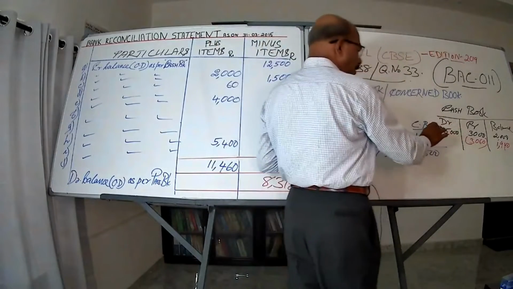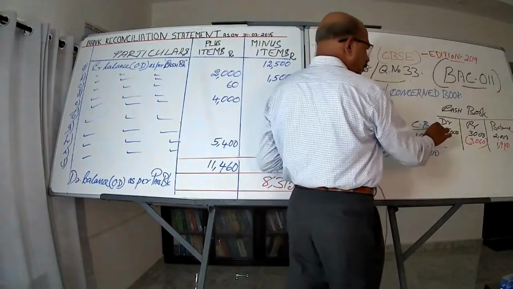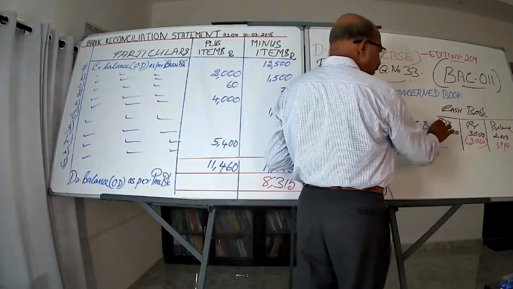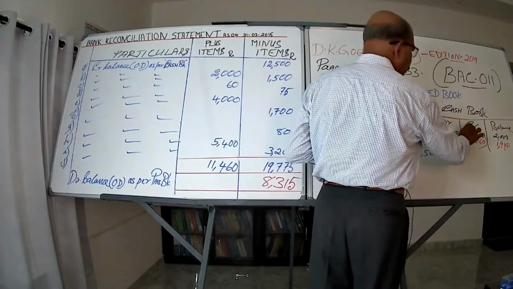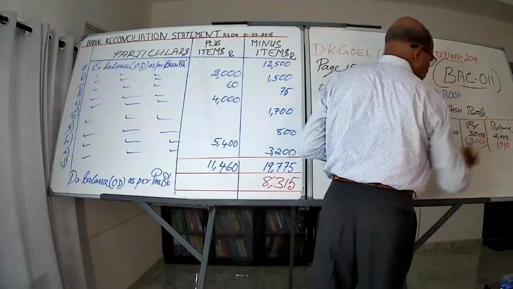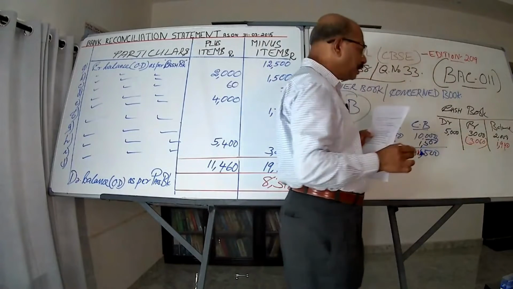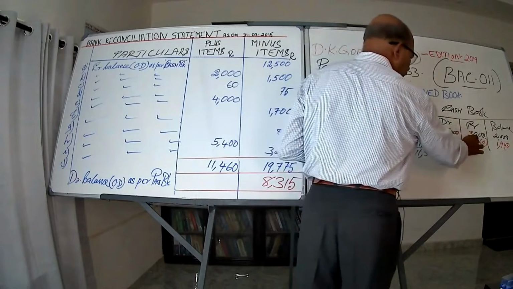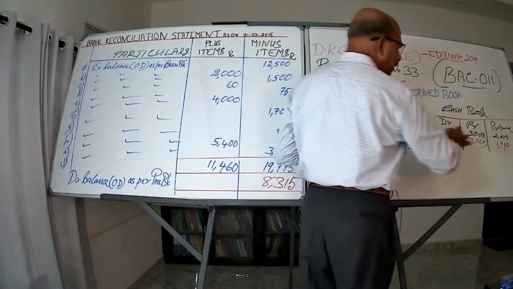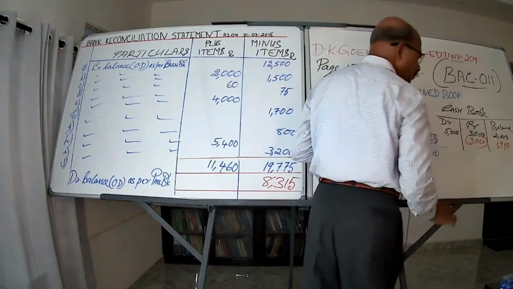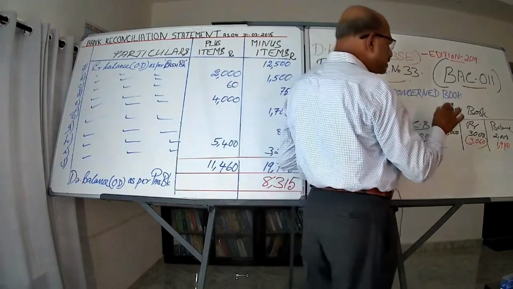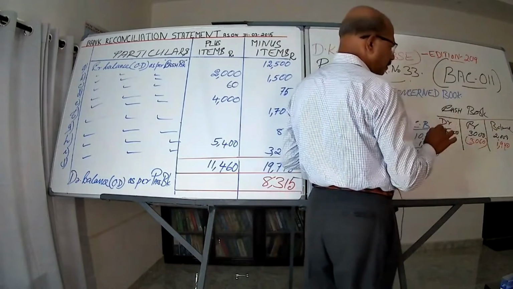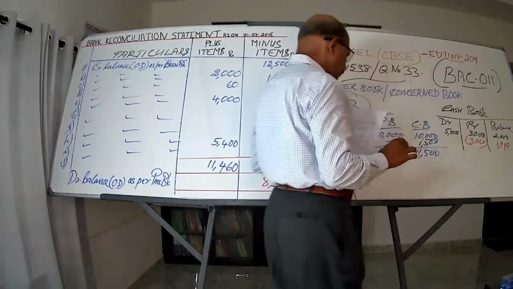Let's assume on a particular date, the total of the debit side in the cash book was 5,000 and the total of the credit side was 3,000. Obviously, the balance has to be 2,000. But unfortunately, my accountant over totaled it to 3,060. That being the case, the balance will come down to 1,940. So there are 60 rupees less in the cash book than is expected.